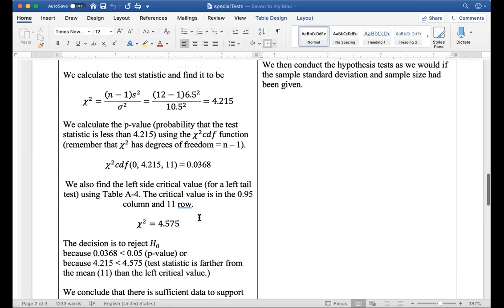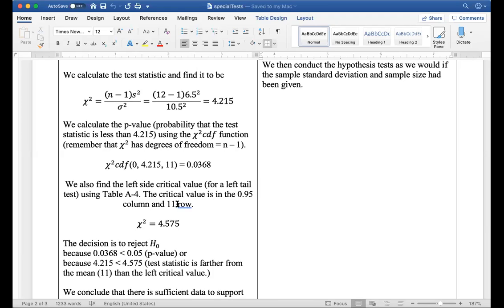And I've also put in here the critical value, which we would have to go to table A4 to find. Since it's a left-tailed test, the area to the right is 0.95 because all of alpha is in the tail to the left of the critical value.